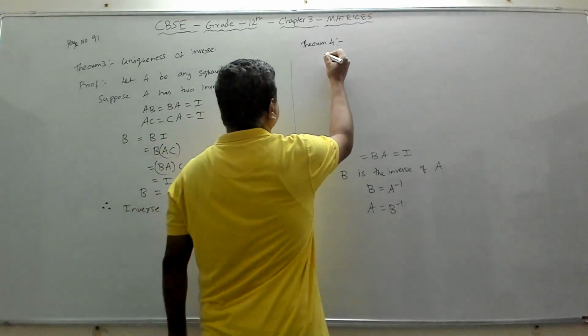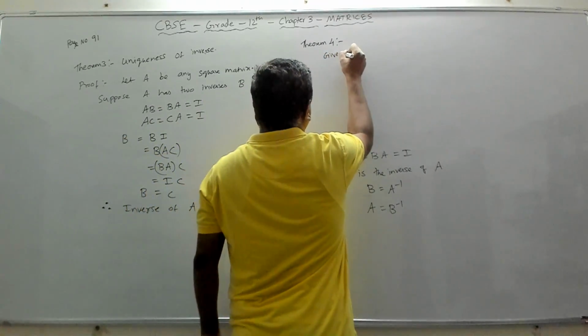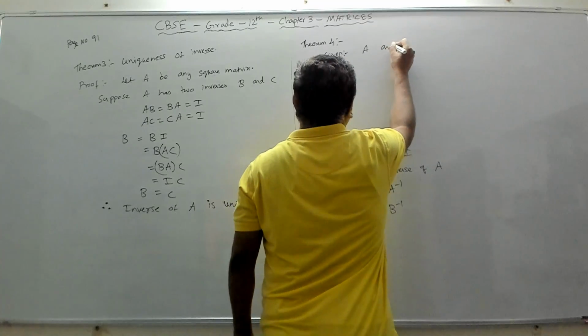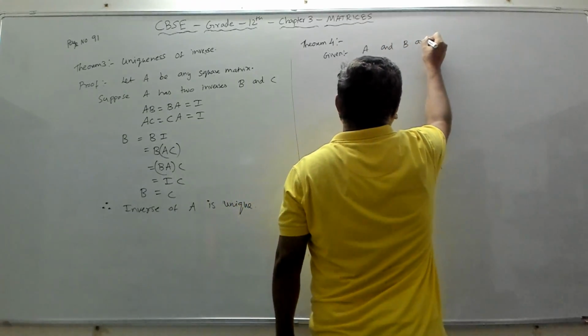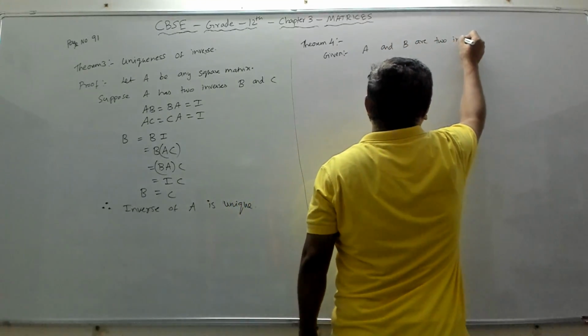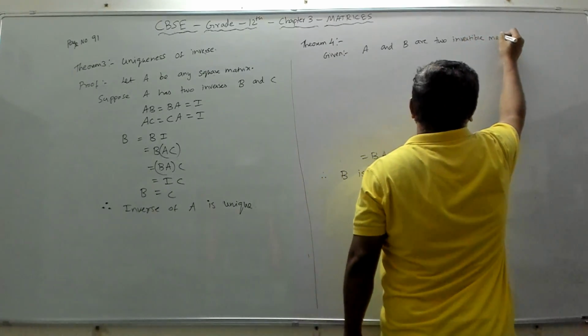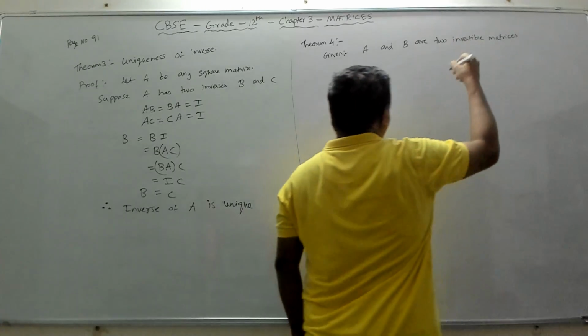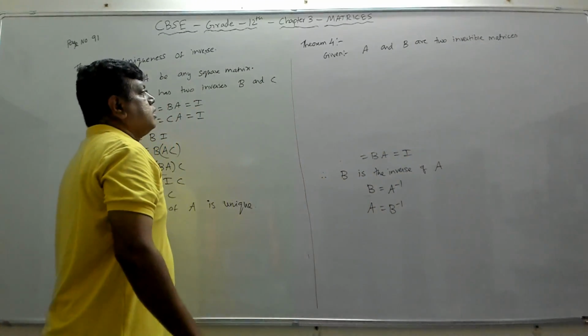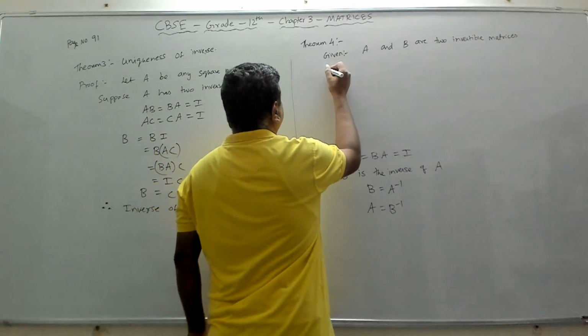So what is given in this theorem is, A and B are two invertible matrices, which means both have the inverse.